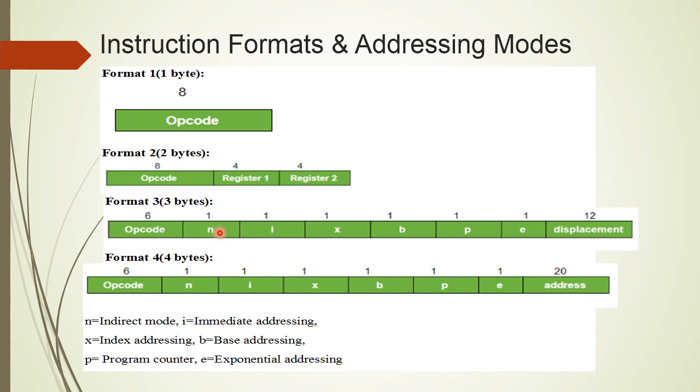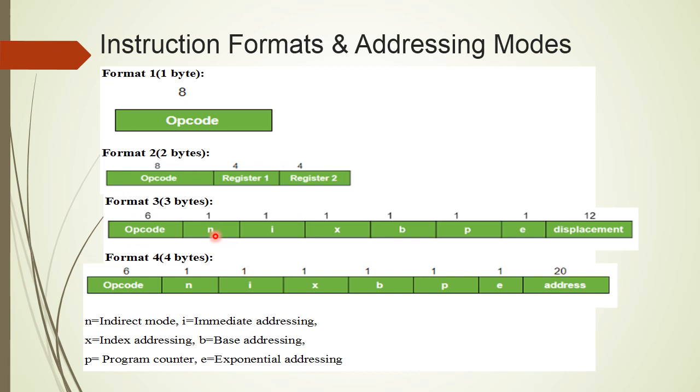Then next come n, that is indirect, i immediate addressing, x index addressing, b base relative, p PC relative, and then e, the extended format. Then the last 12 bits are for displacement. So the first 6 bits are for storing the opcode.